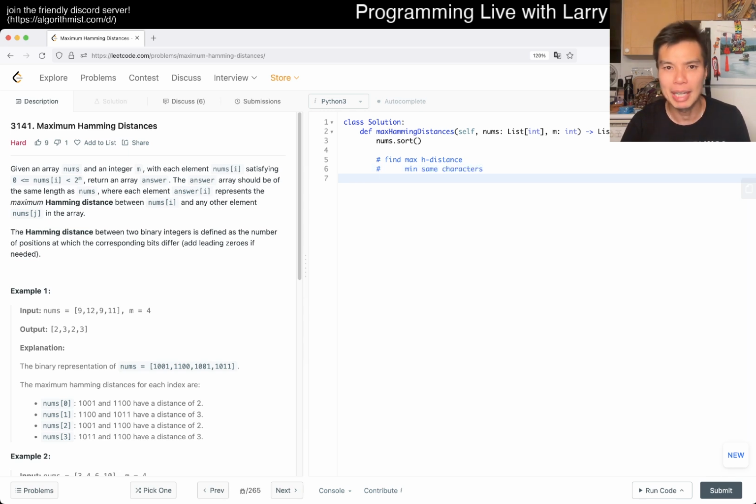But keeping in mind that if you invert the zeros and ones, then you're actually trying to find max same characters as well. So basically we have every possible thing that we want to do. We either get the min or max. I don't have any specific ideas yet, but the plan of attack is just that these are the ideas that we can explore and see which one is the easiest to do, right?